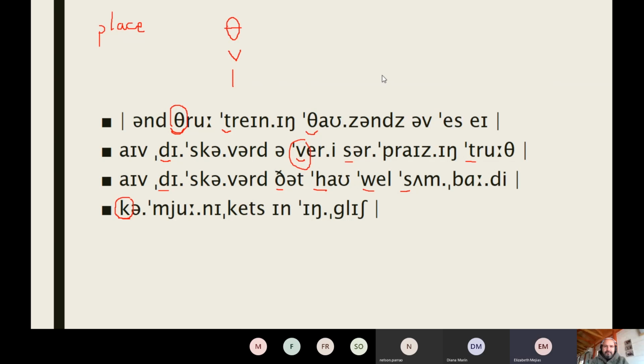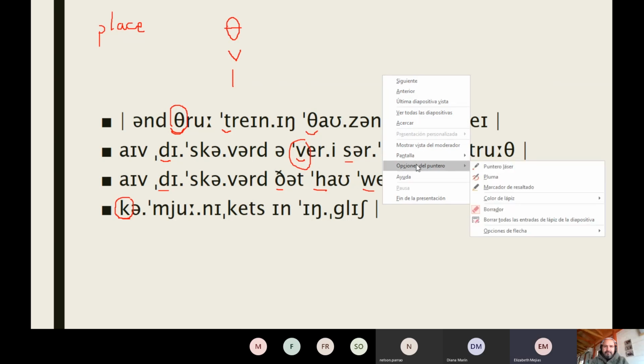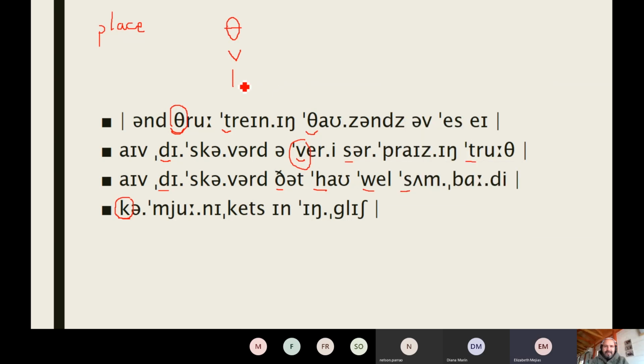The first one is interdental. Wonderful. Good job. The first one is interdental in terms of place, right? The other one? The second is labiodental. And the last one?